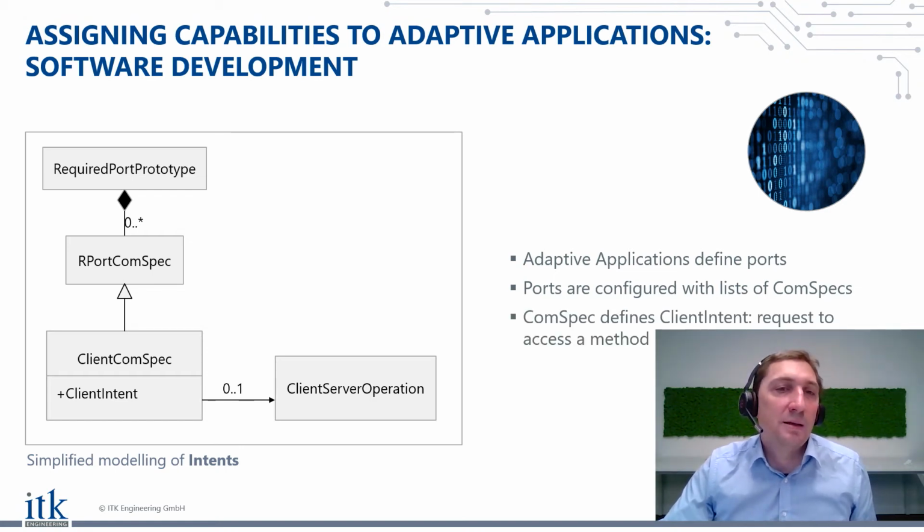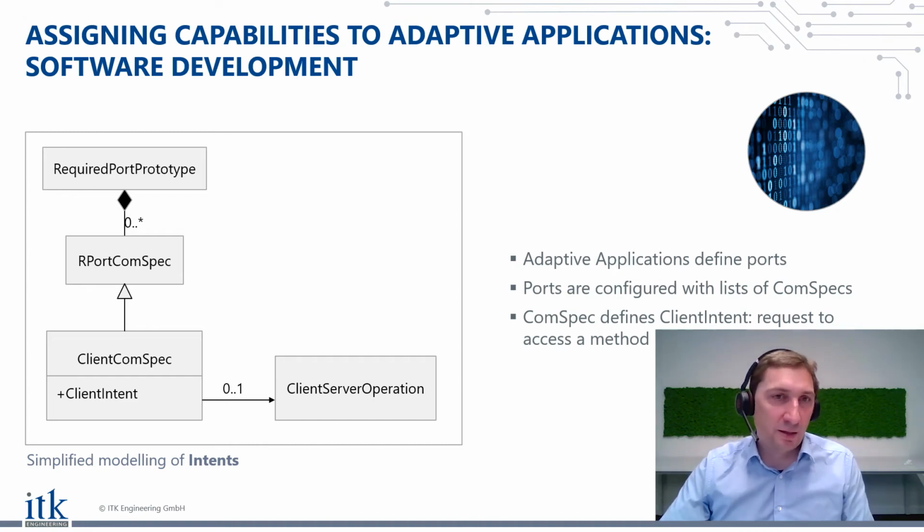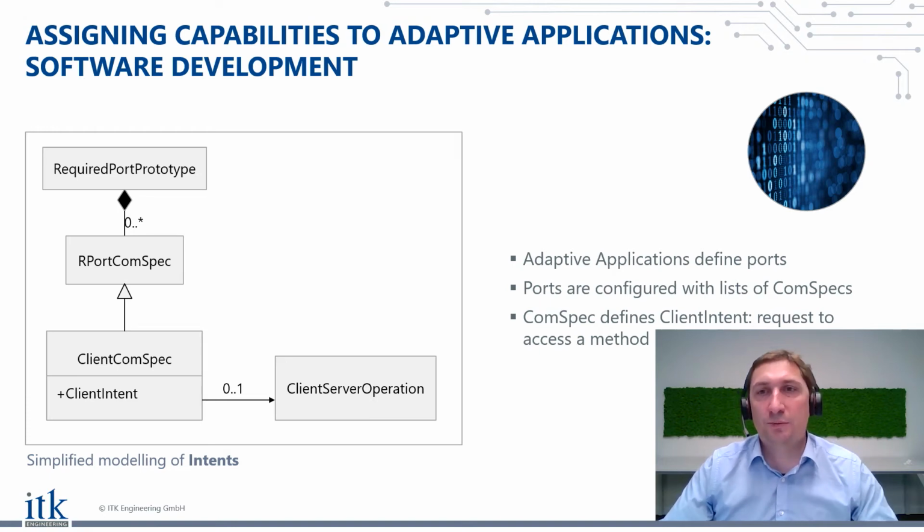And this means that on this port prototype, a specific method, for example, will be accessible. It is intended that this component will need a specific method. This is just an intent. This is not directly resulting in a permission, but this is just a very abstract request for a permission.